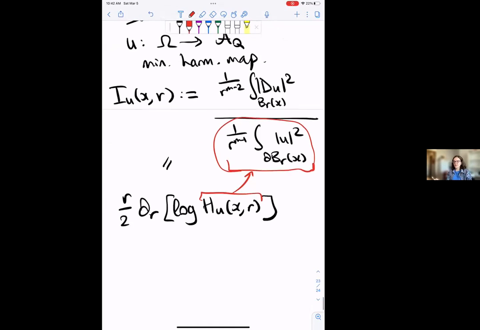It turns out that, so what is this frequency? It tells you at the scale r the dominant homogeneity of your map at that scale around this point.